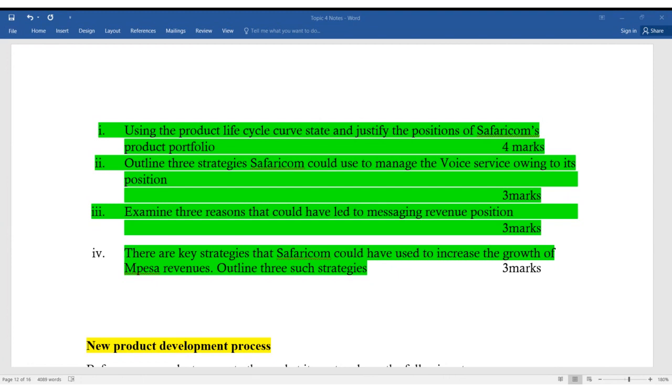When you have a question like this, and you ask what strategies should a company use to increase the growth of its revenue, don't just answer ambiguously. Answer specifically if you are given a specific case like this.